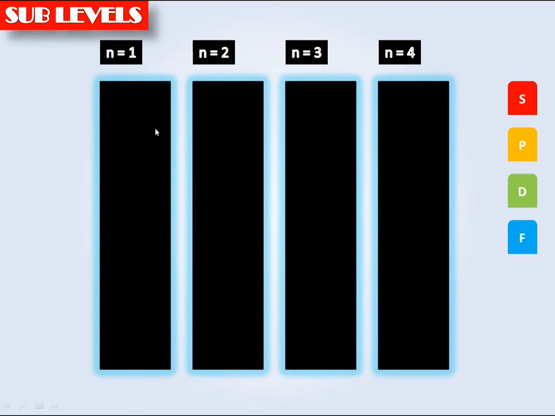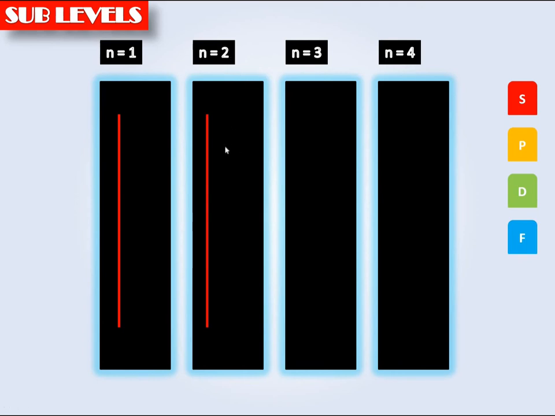In N, we have S. So the first energy level has the sublevel S, and because it's the nth place, we can only have 1. Since it's 1, you can only have 1. That means only S can be in this energy level. Now, go to the next one.